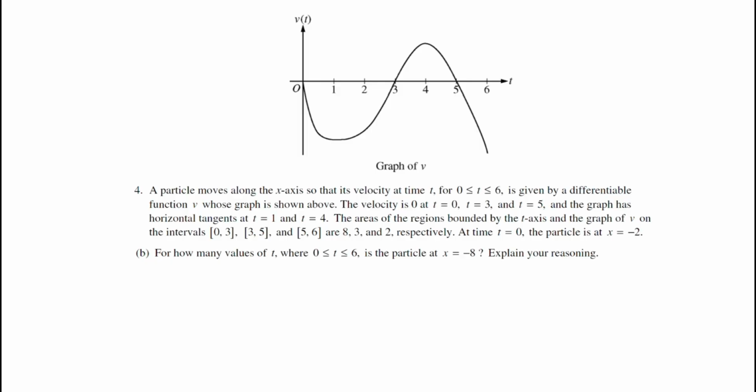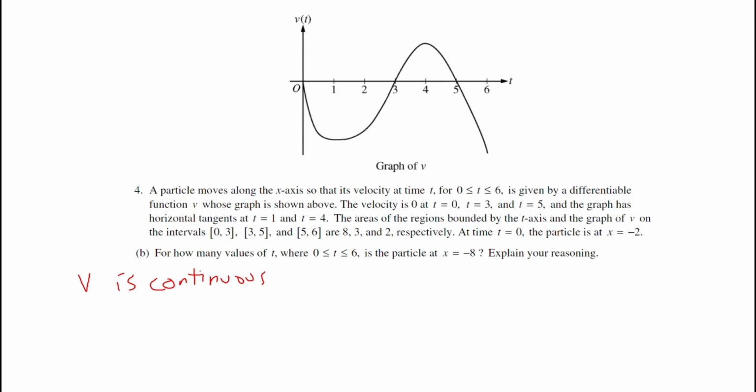In part B, it asks us how many values of t on the interval 0 to 6 the particle is at -8. Well, this is a particle that is moving continuously, right? So we can say that v is continuous.